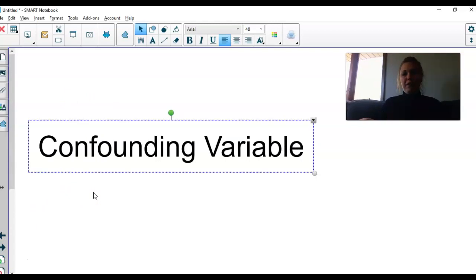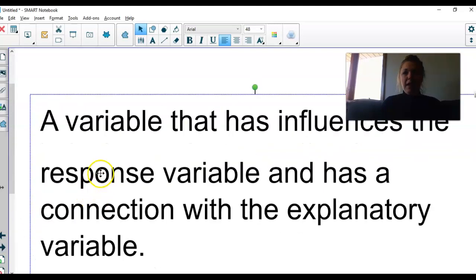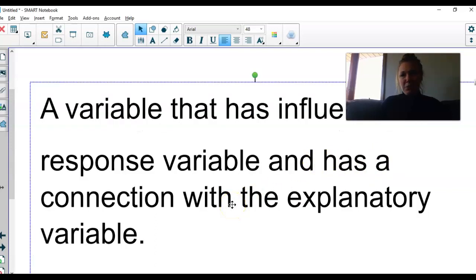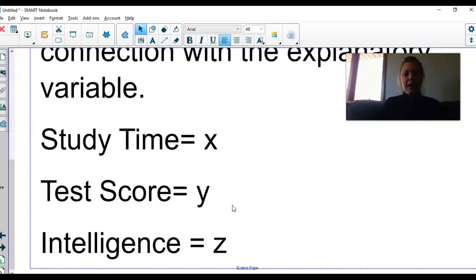A confounding variable. What is a confounding variable? Well, it is a lurking variable, but it's a special type of lurking variable. It's a variable that influences the response variable, and it has a connection with the explanatory variable as well. I talked about this in the previous video that I posted, but I think it's important to watch and talk about again.